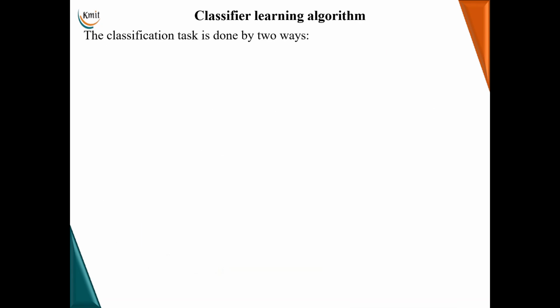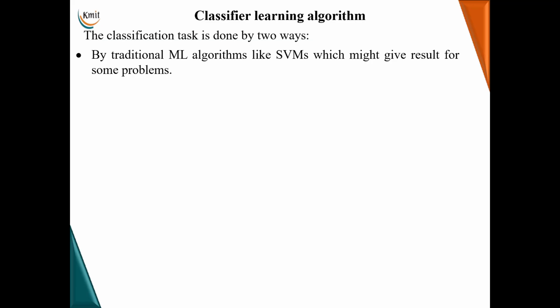Next, the topic is classifier learning algorithm. That is how a classifier learns the features and then predicts which of the output labels the given image belongs to. The classification task is done in 2 ways. The first is traditional machine learning algorithms, which make use of, for example, support vector machine to classify the given image, but it has a few drawbacks.